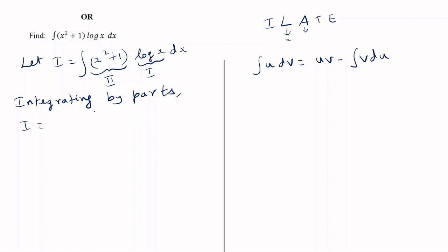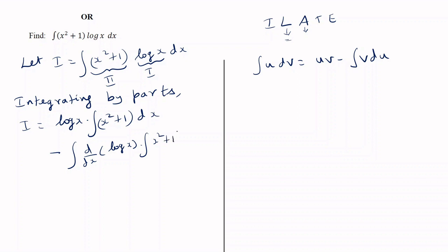So this becomes the first function, which is log x, into integral of the second function, then minus integral of derivative of the first function into integral of the second function. So this is how we can integrate by parts.